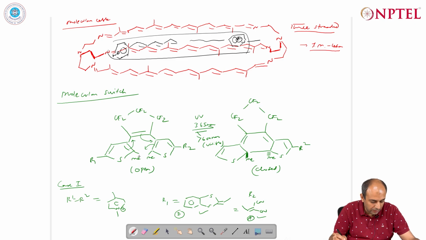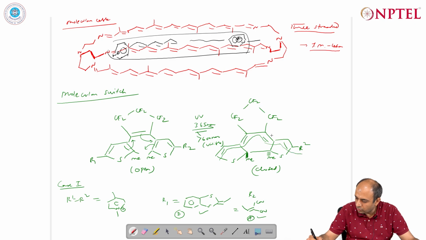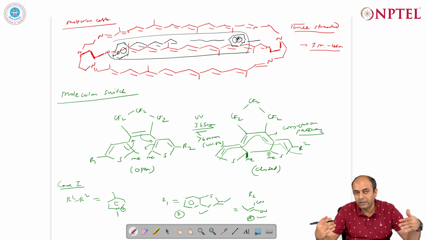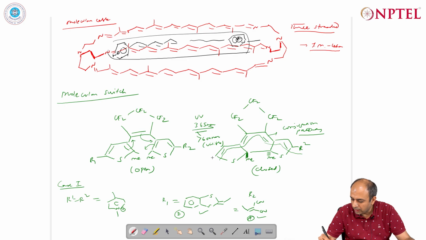For example, you can see here that the closed state contains a fully conjugated bridge. So, you see the alternating double single bonds, this kind of a conjugation pathway is there. This is the nice conjugation pathway which is there in the closed state, a fully conjugated system, and therefore, this allows for effective electronic communication, say from R1 to R2.